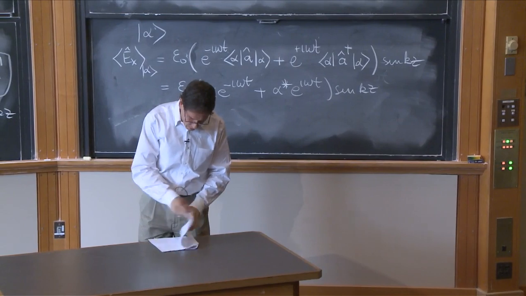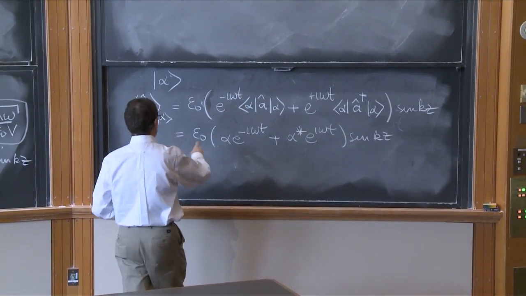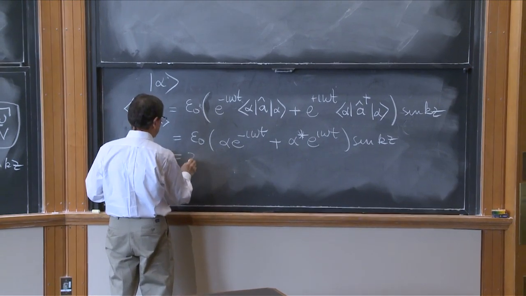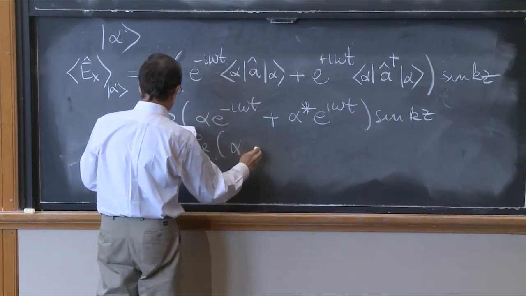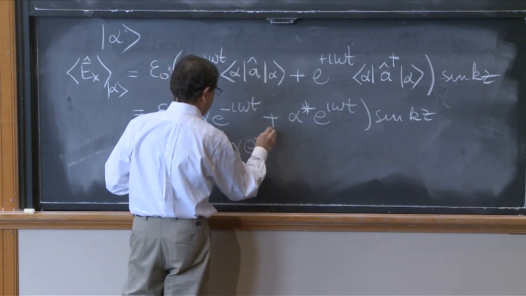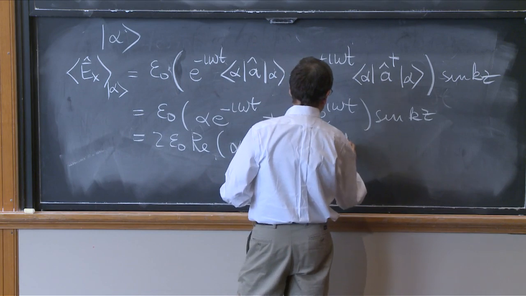We can do a little more on that, write it more explicitly. This is epsilon 2 E naught, the real part of alpha e to the minus i omega t sine of kz.